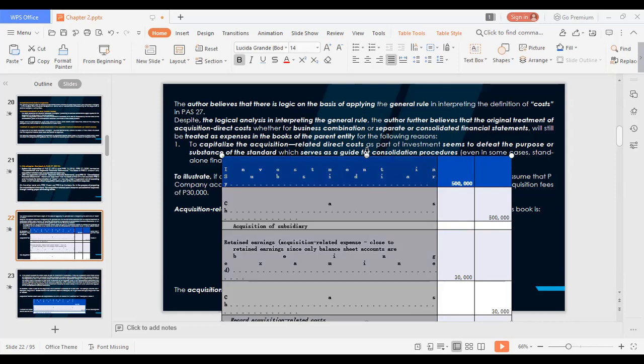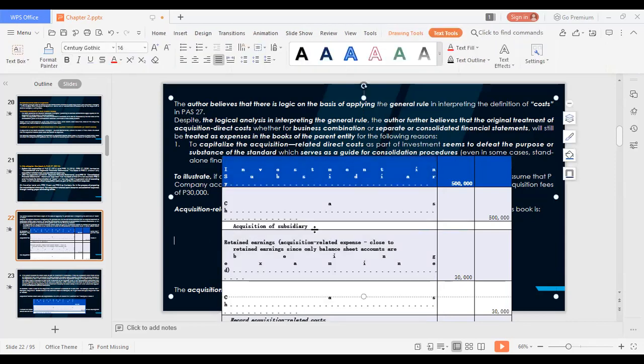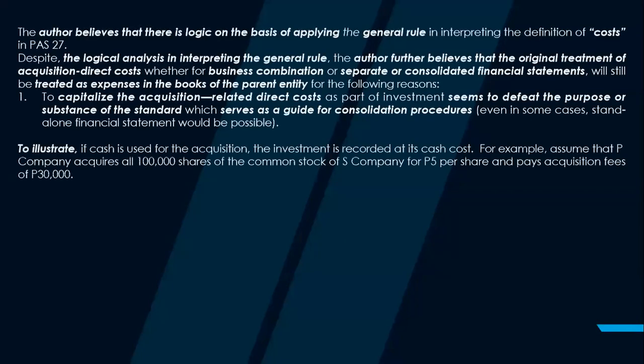We assume that the nominal accounts are already closed and only retained earnings is open. So we debit retained earnings and finally credit cash for the amount of 30,000. The explanation is to record acquisition-related cost.